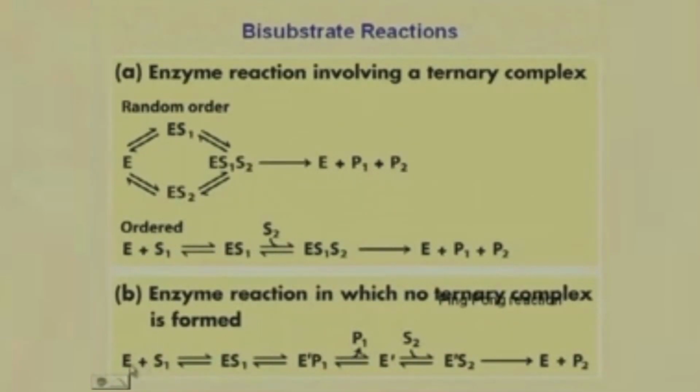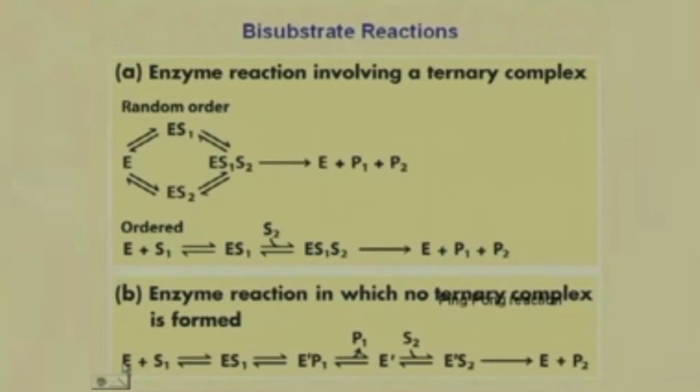Okay, so we have E plus S1 forming ES1. The first product is released before the next substrate binds. Okay, so what happens is the binding of S1 forms an E prime. You notice there is an E prime here. So this E prime is not E.